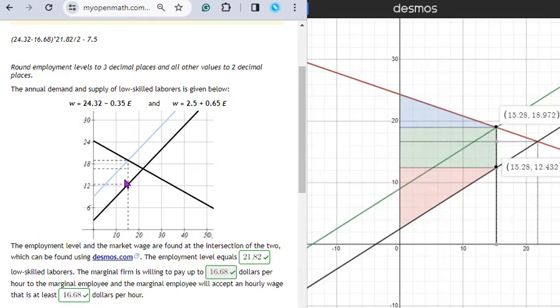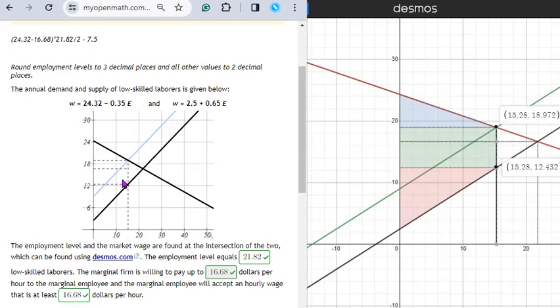So the workers are trying to shift the tax to the employers, but the employers are less sensitive to changes in wages. The employees are more insensitive to changes in wages.